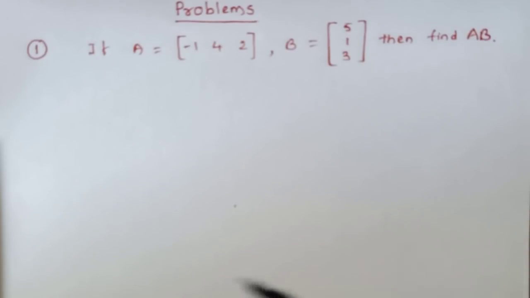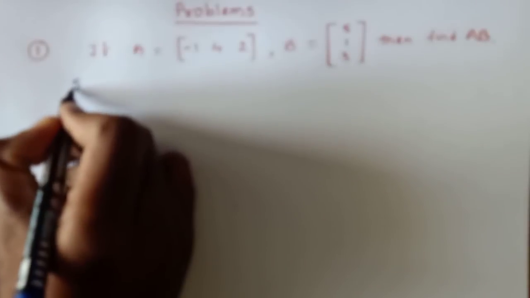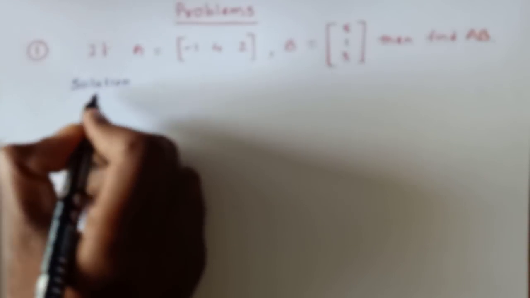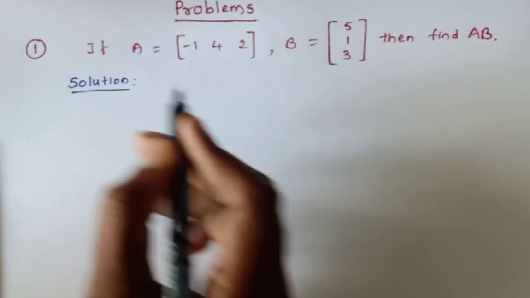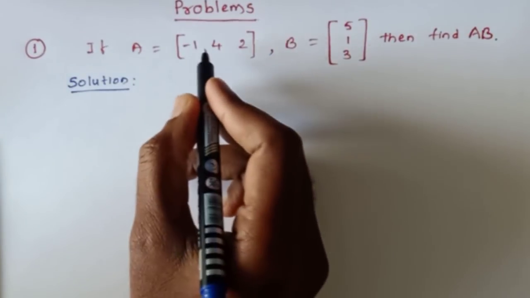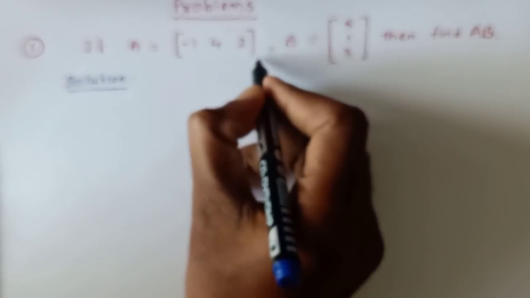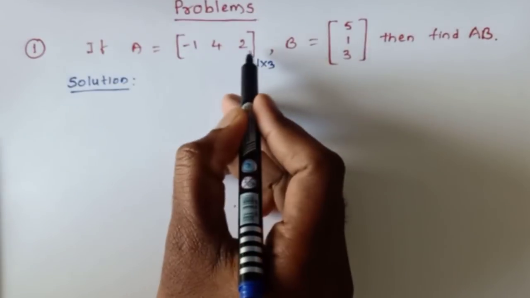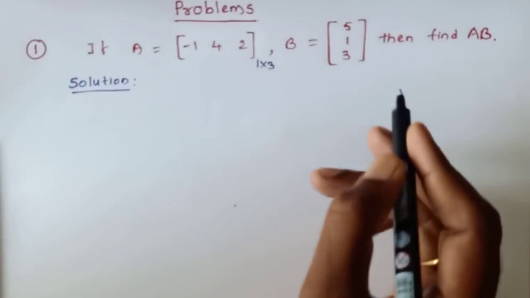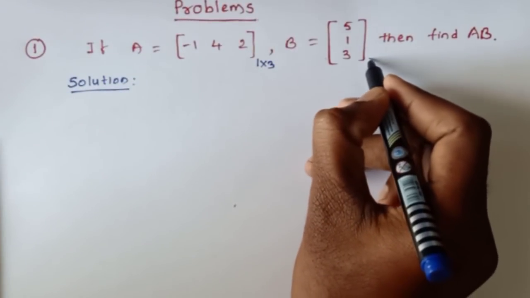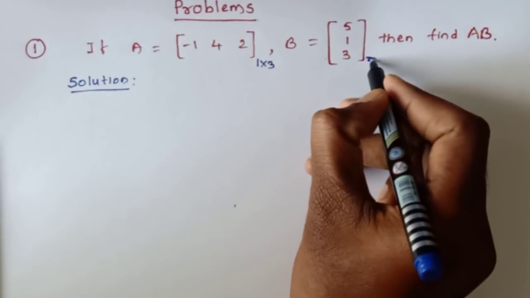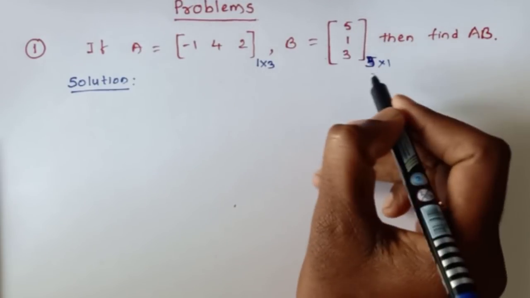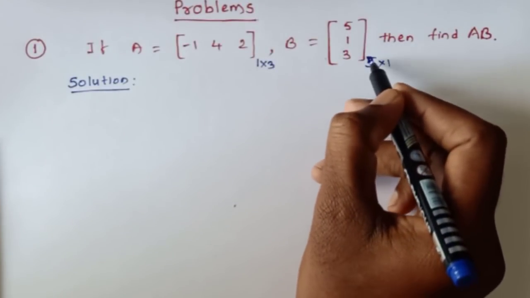First we need to check whether the matrix multiplication is possible or not. The given matrix A is of order 1 by 3, 1 row and 3 columns, and B is of order 3 by 1, 3 rows and 1 column.